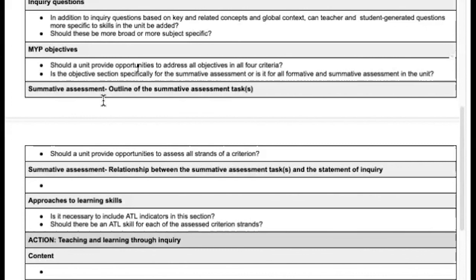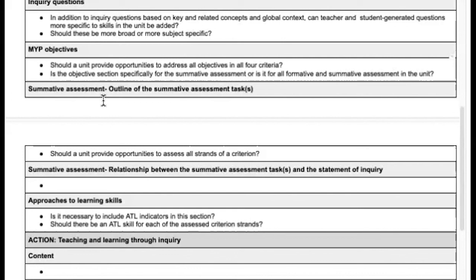No, it doesn't need to in a single unit. In the early years of the program, you're probably going to be addressing fewer objectives and assessing fewer criteria strands. And then as students progress through the program, you're going to be adding on objective strands or criteria strands, so that by the end of the program, hopefully you're doing a holistic assessment of all strands of all criteria in at least one of the units.